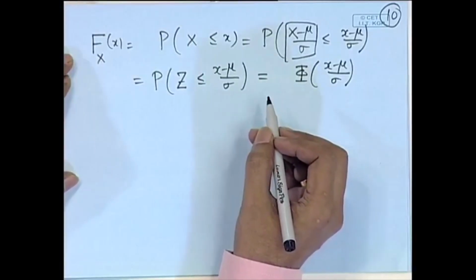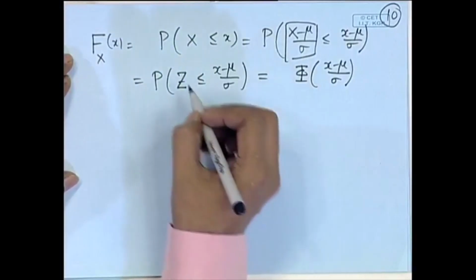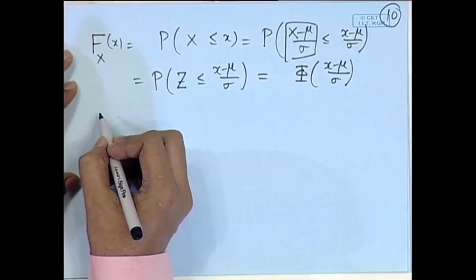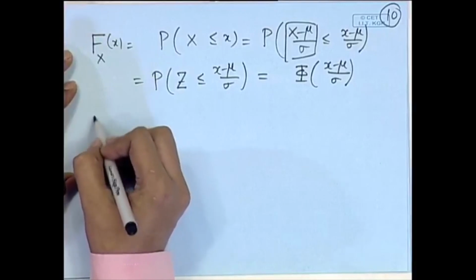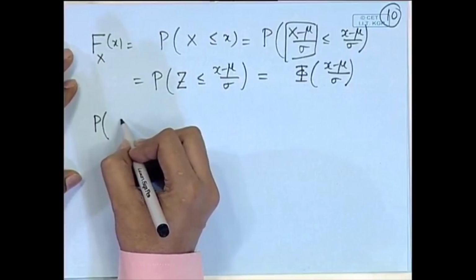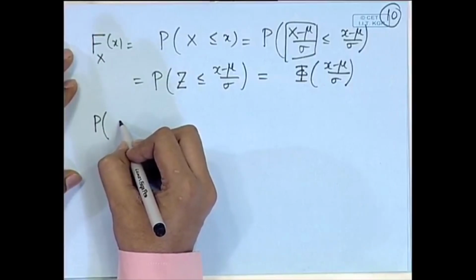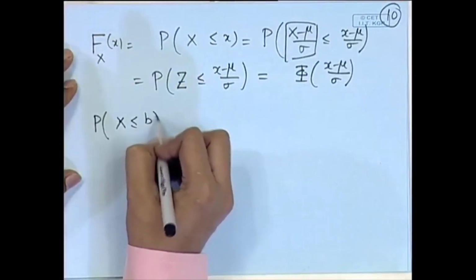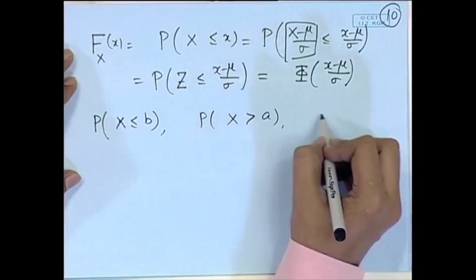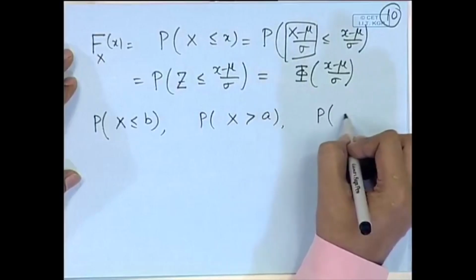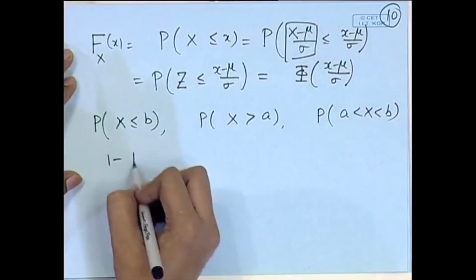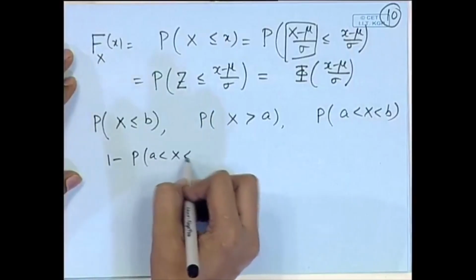In particular, if we consider say any particular probability, say probability X less than or equal to b, say probability X greater than a, probability a less than X less than b, or 1 minus probability of a less than X less than b.